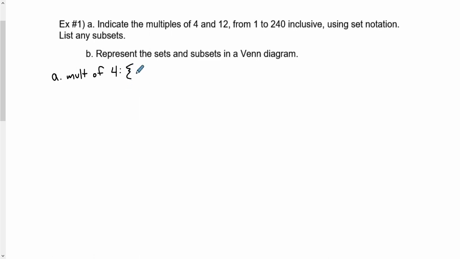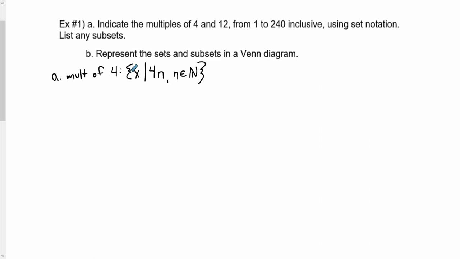First, using set notation, we'd say all the x's such that multiples of 4 are always defined by 4 times, let's say, n, such that n is an element of the natural numbers.